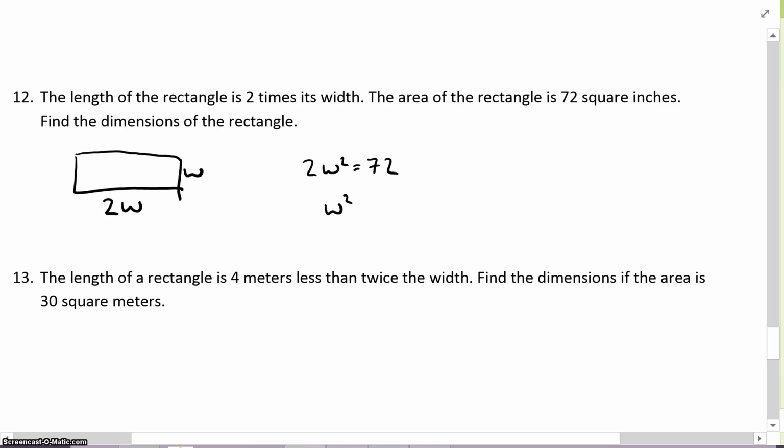So W squared equals 36. So W is going to equal plus or minus 6, but 6 is the only real way it works. So the dimensions would be 6 is the W, and the length would be 12. So I'd have 6 by 12 would be the dimensions. And it'd be inches.